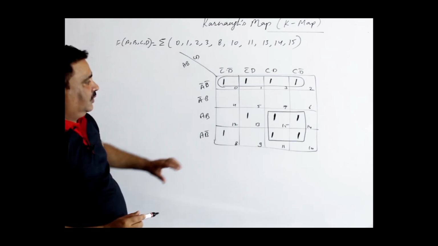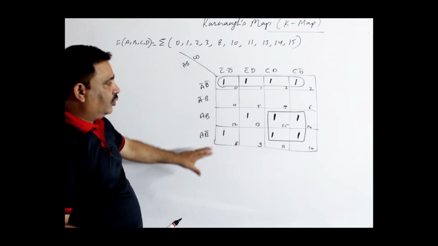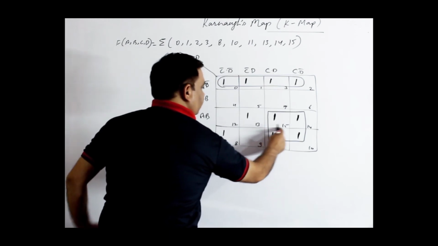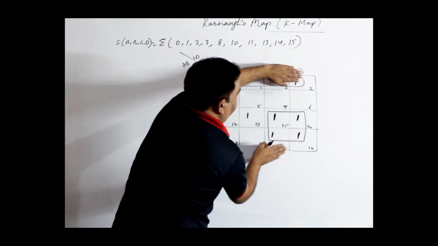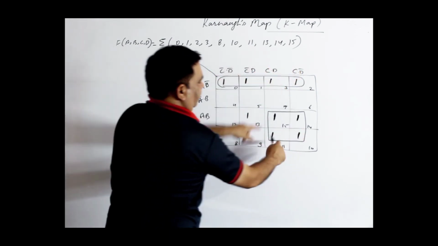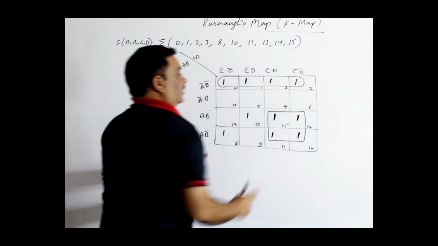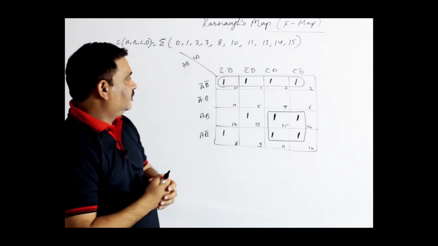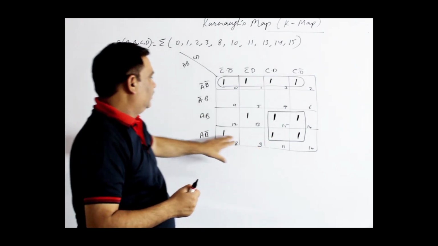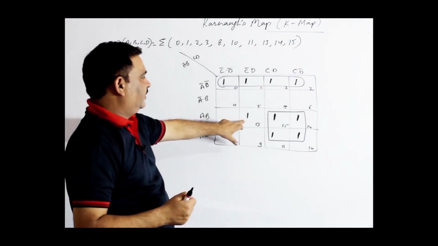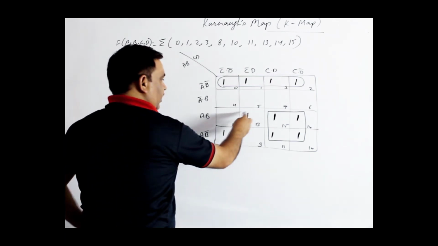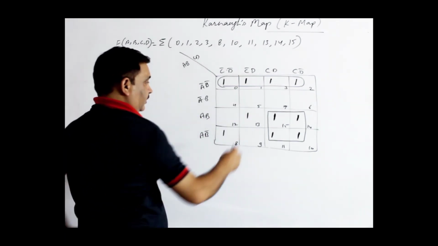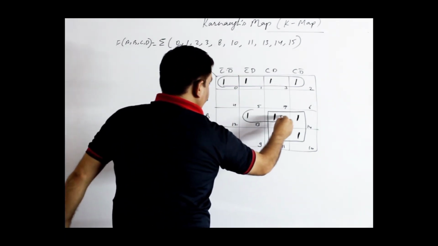Okay. Now, one more quad is there: these two ones and these two ones, the paper folding method. But this quad will be the redundant pair, the redundant quad, so do not take this quad. One is left, you can't make a pair diagonally, you can make a pair here.